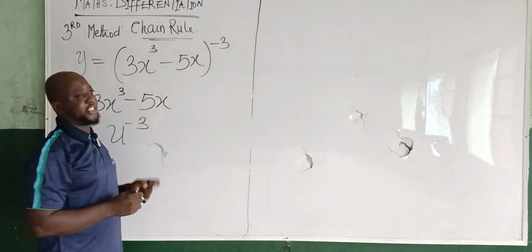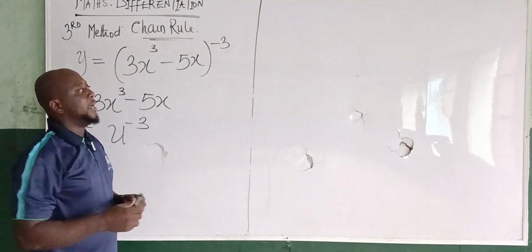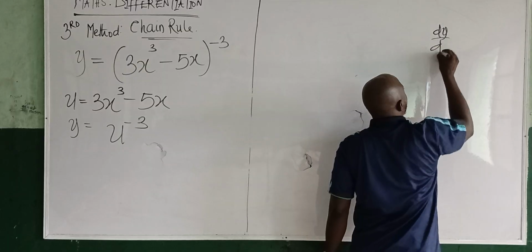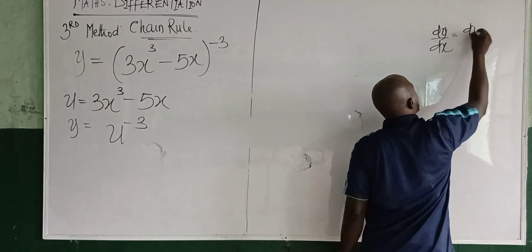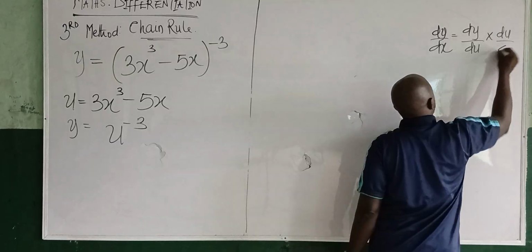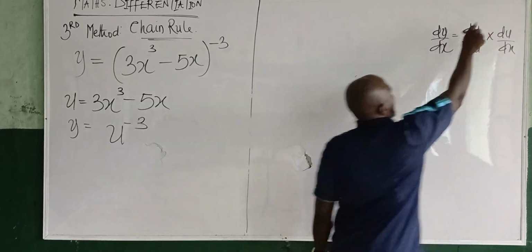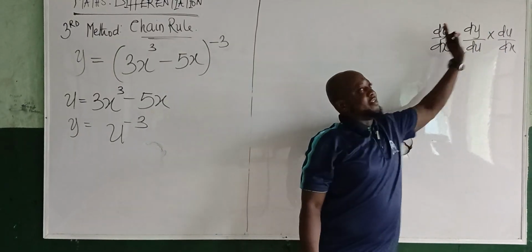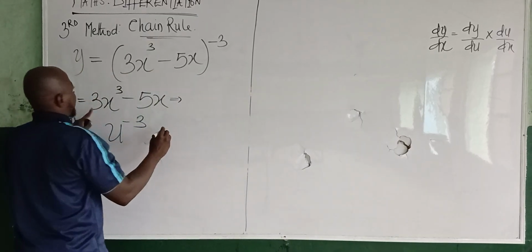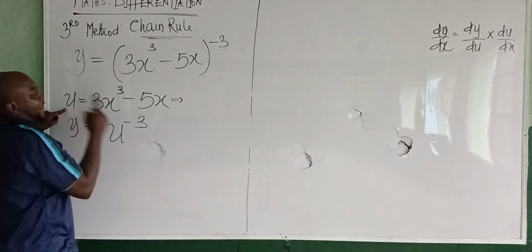Next up, we want to differentiate based on the formula. Now, the formula is that dy over dx will give us dy over du times du over dx. So let's differentiate based on the right hand side. From this point, what do I have here? If I differentiate this, that's du with respect to x.